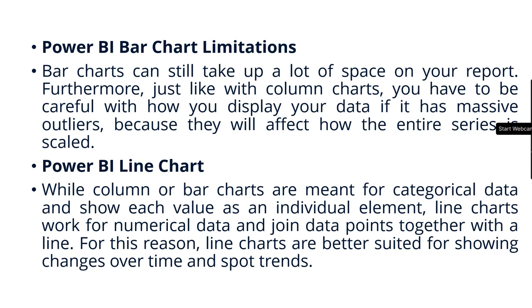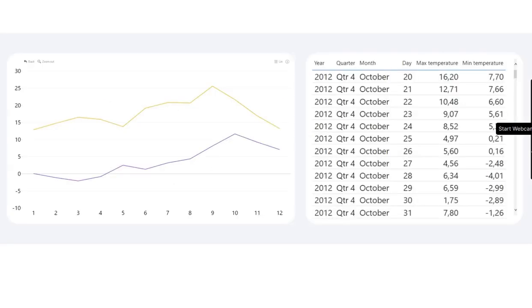Now we will move to the Power BI line chart. Column or bar charts are meant for categorical data and show each as an individual element, but line charts work for numerical data and join the data points together with a line. For this reason, line charts are better suited for showing changes over time and exploring trends in specific data.